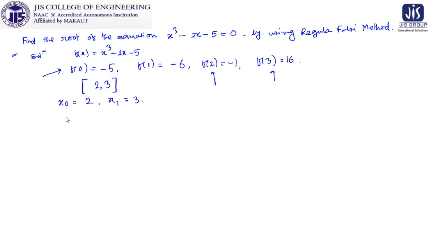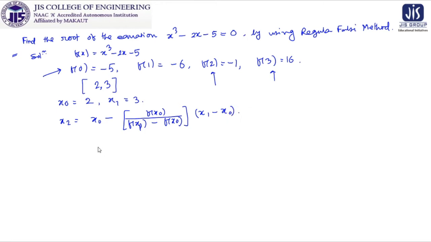Now we are going to use the formula x2 is equal to x0 minus fx0 by fx1 minus fx0, into x1 minus x0.